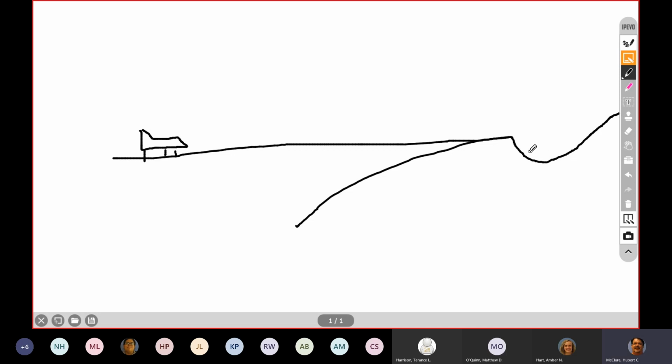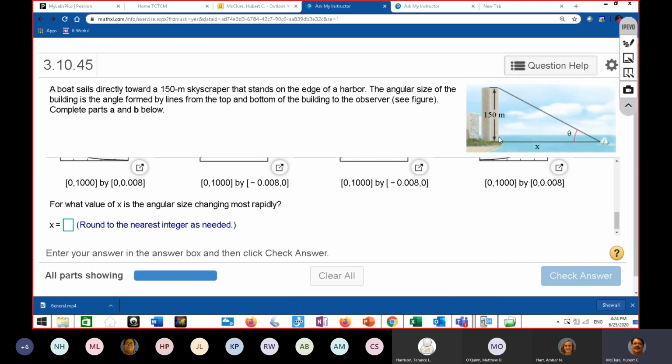So where is the most rapid change taking place? Right up at the point where it takes off. So when you're talking about this picture right here, let's go back to the picture. Where is the most rapid change going to happen? When the boat is right here and going this way, or when it's out here going this way? Right here.